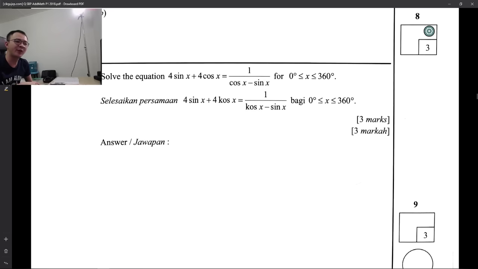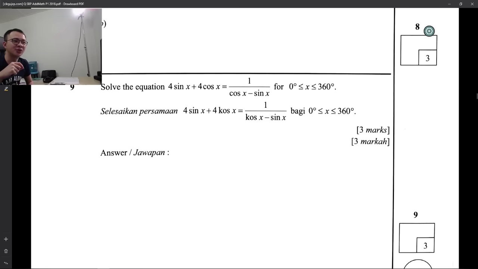Then when can we use the method that was mentioned?